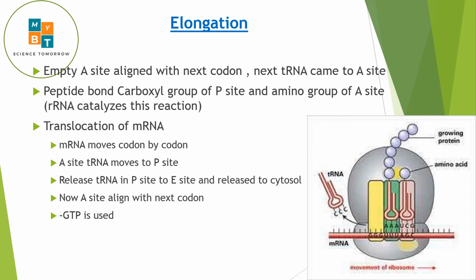The A site will align with the next codon, and this process continues. It uses GTP, so it uses energy, in an anabolic process. Sometimes we use ATP; here we use GTP as the energy source for protein synthesis.